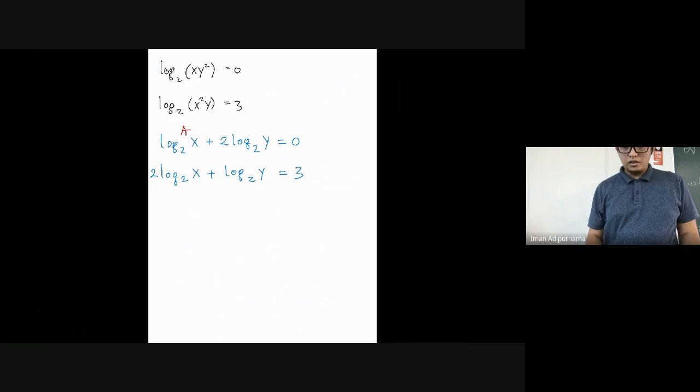I can write the second one as log 2 of 2x. You can solve this by eliminating. If you're still confused, you can also change this to a and b. So a plus 2b is 0, and 2a plus b is 3.